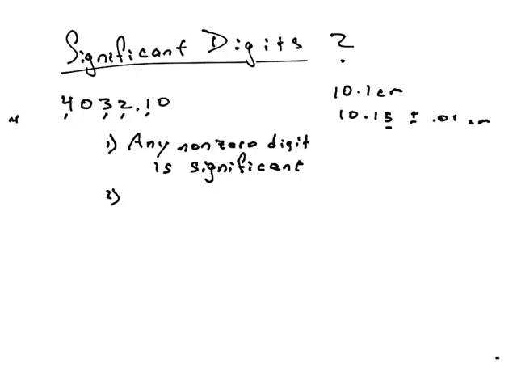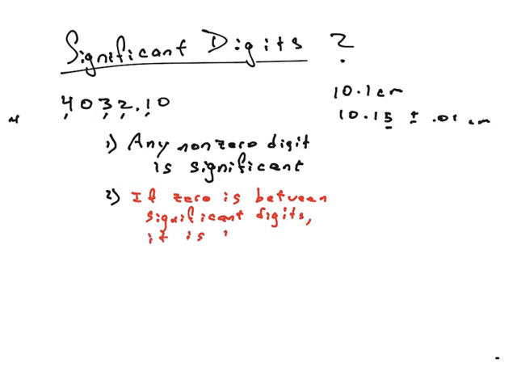So this 0 between the 4 and the 3 is also a significant digit, because I know it is exactly 0. It's not that I'm guessing what that digit is, it's definitely a 0.